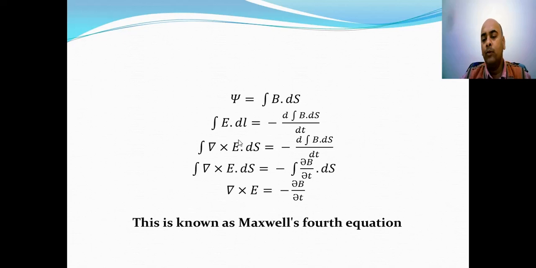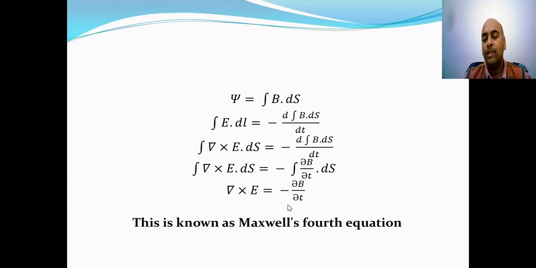So again by using Stokes theorem we can convert E dot dl from a line integral to a surface integral, which will be written as the surface integral of curl of E dot dS is equal to minus d/dt of the integral of B dot dS. So again by equating the terms we can write that curl of E is equal to minus ∂B/∂t.